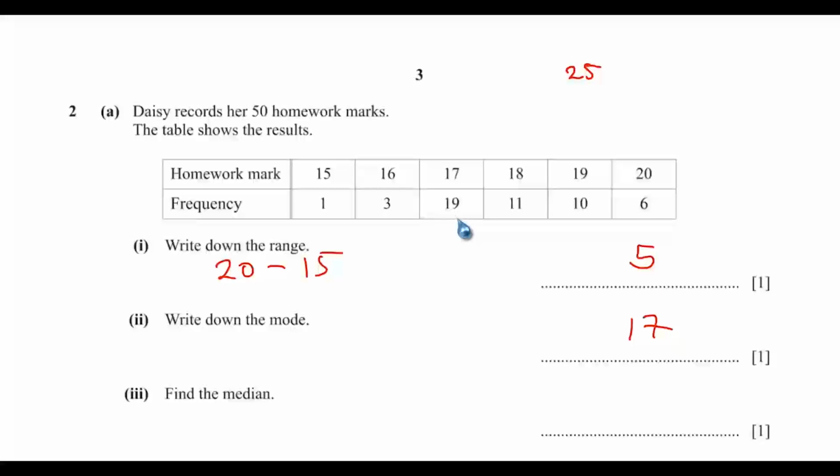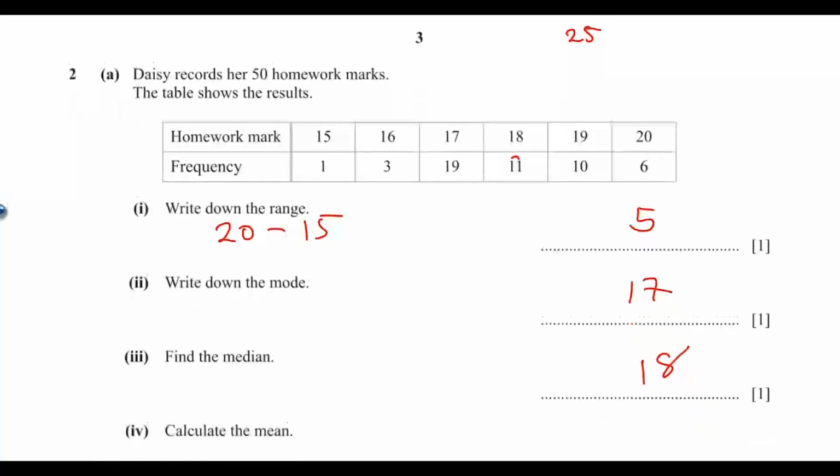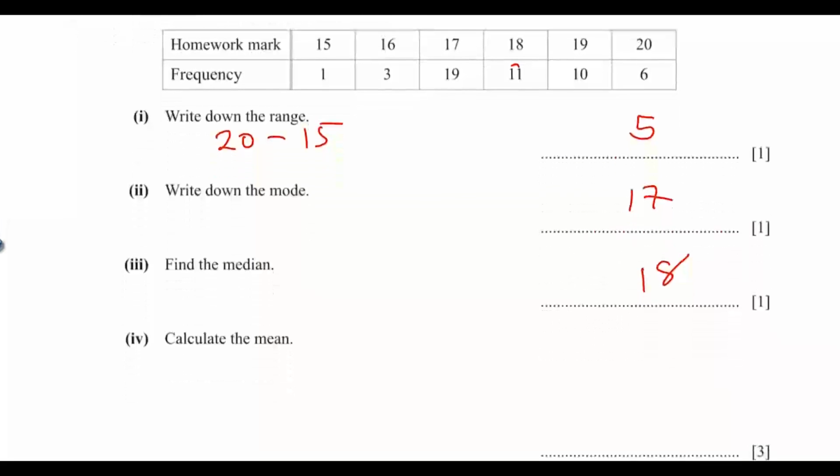So 4 add 19 will be 23. So of course, the 25th number will be in this region here. So that means 18 is the median. So write 18 here. Then Roman figure 4, calculate the mean.